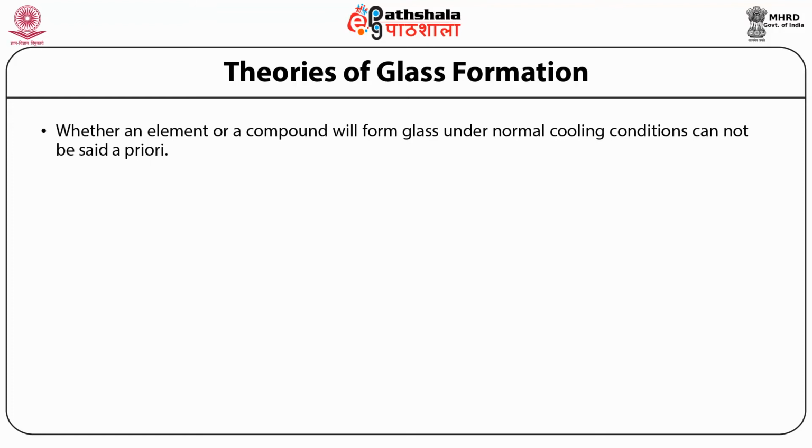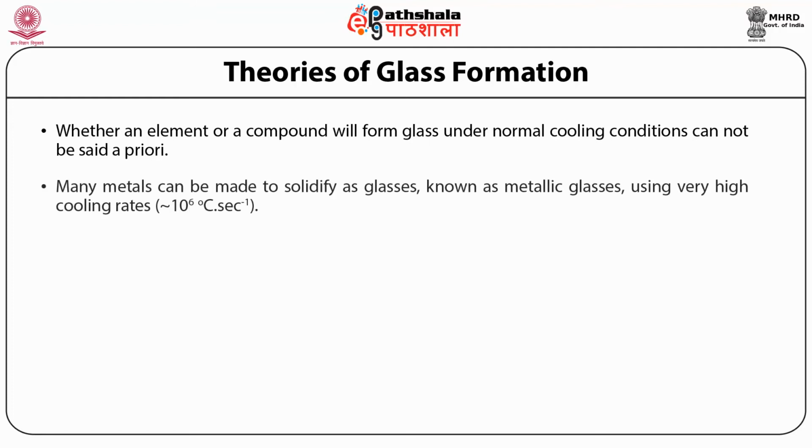Besides silicates and similar inorganic compounds, most polymers readily form a glass. Many metals can be made to solidify as glasses, known as metallic glasses, using very high cooling rates of the order of 10^6 degrees Celsius per second.